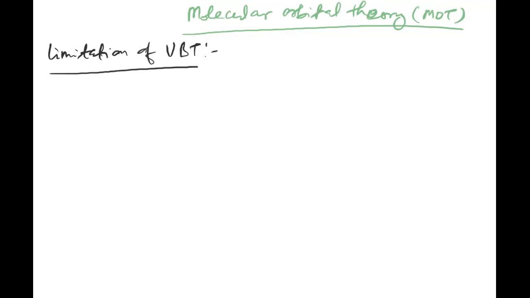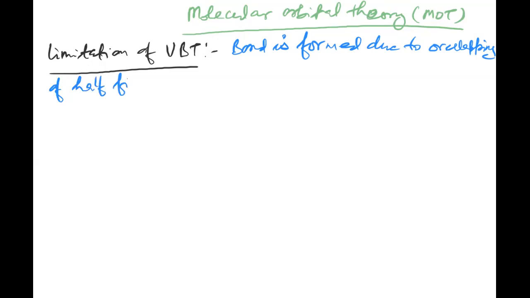According to this, a bond is formed due to overlapping of half-filled valence orbitals.